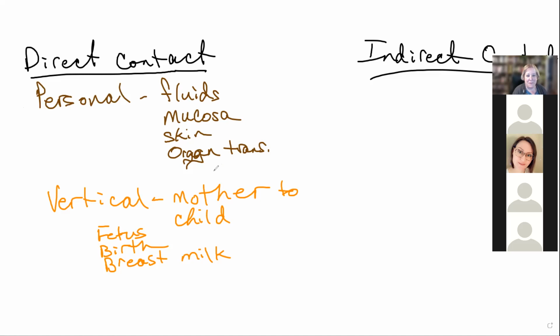So with this one, we're still talking direct contact. If you touch an animal and pick up a pathogen directly from the animal, I'm going to put kiss in here because we love our pets, but there are some pets you should not kiss, or bites or scratches.